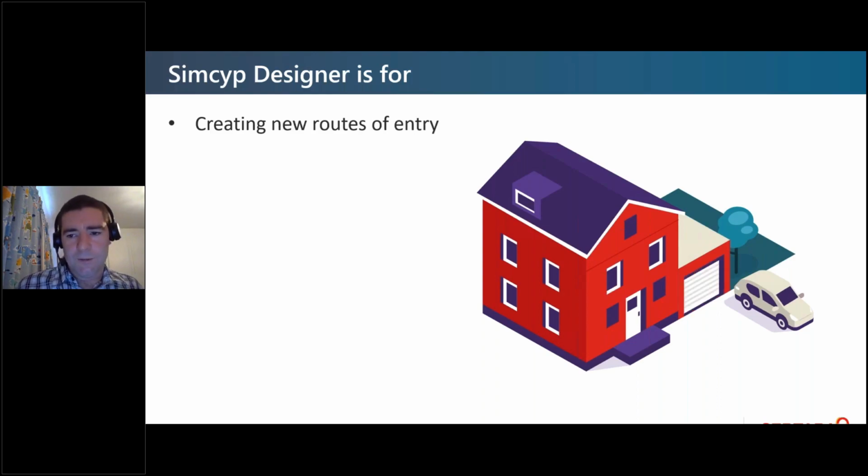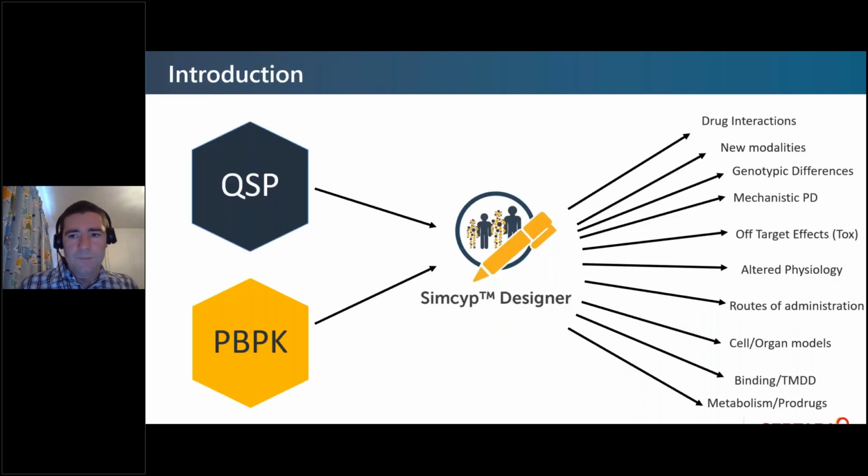And it can also be used for creating new routes of entry. So this would be new routes of administration, or defining absorption into different tissues, in ways that are different than currently available. And so, as you might imagine, that has a whole range of potential applications.